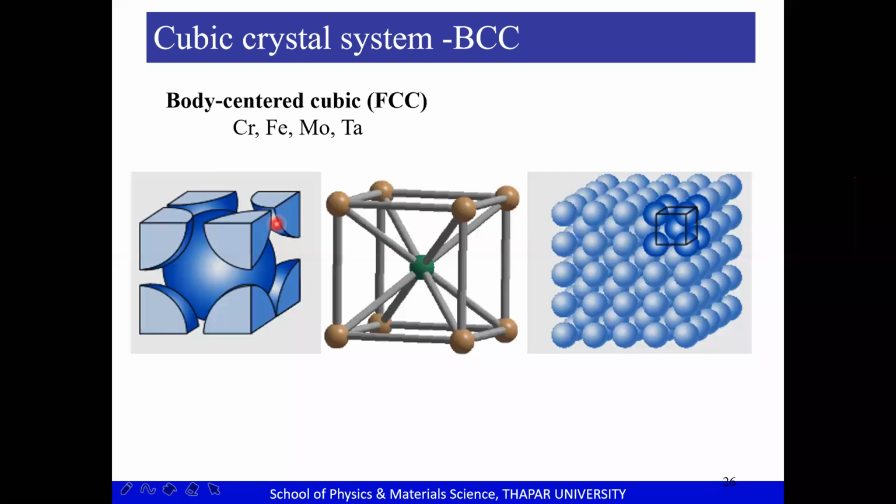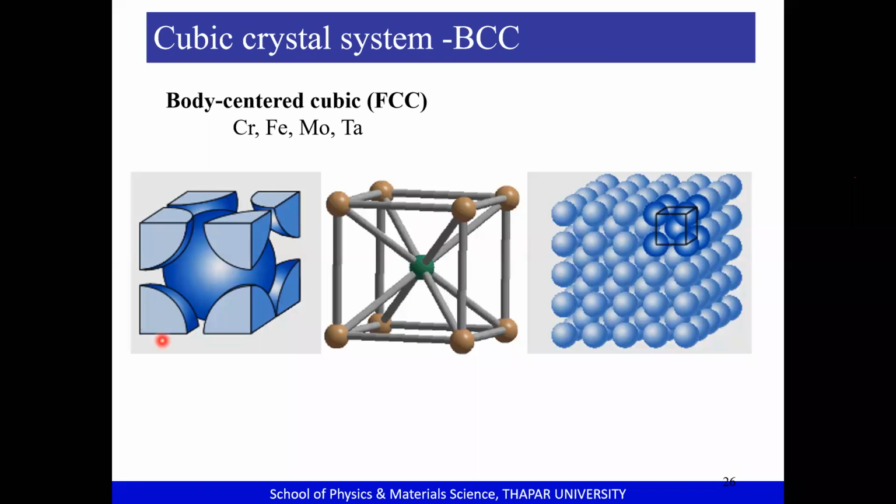Remember, when we use the closest approximation, every atom touches physically with its neighbor. So your central atom is in physical contact with all neighboring 8 corner atoms.